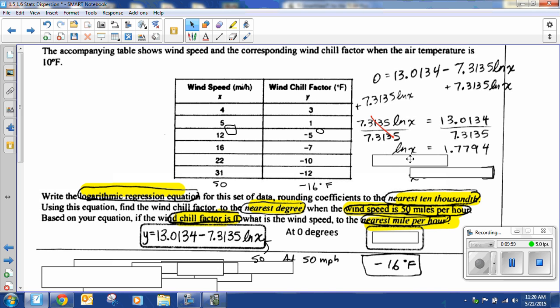Now, what is the inverse of ln? It is e. So we need to take e to the power of ln x, which we know since e and ln are inverses, that cancels out. X comes down. And e to the 1.7794, let's go ahead and use our calculator for this.